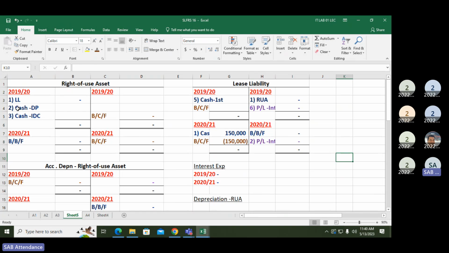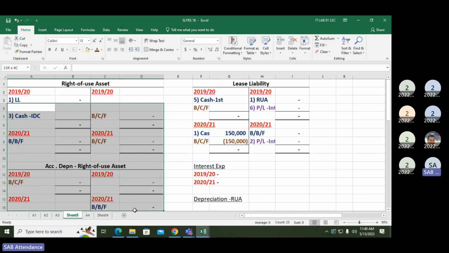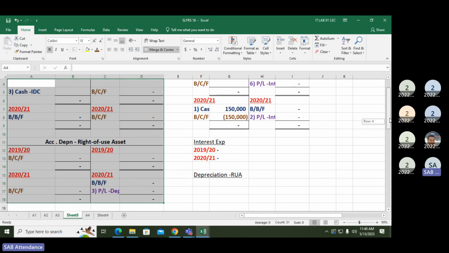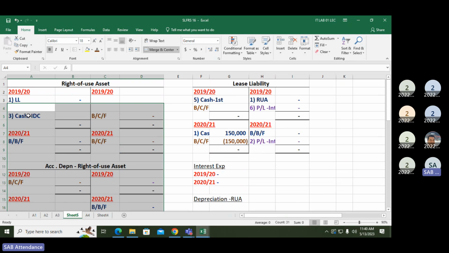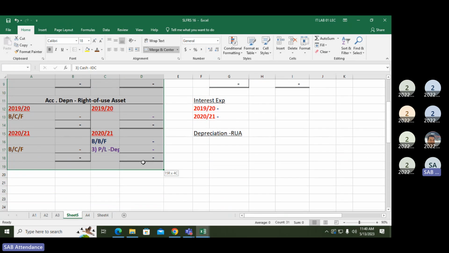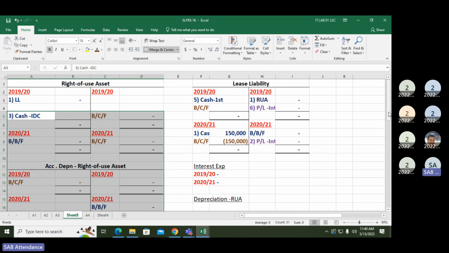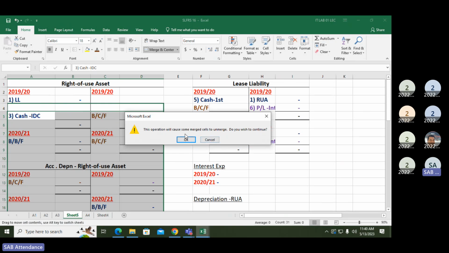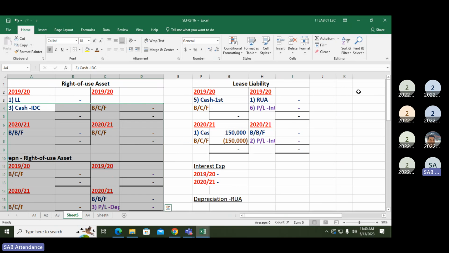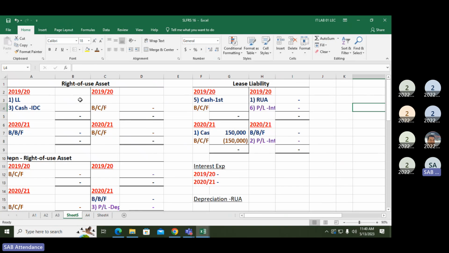So right of use asset, there is no down payment actually. So for the right of use asset, we credit lease creditor, debit right of use asset.